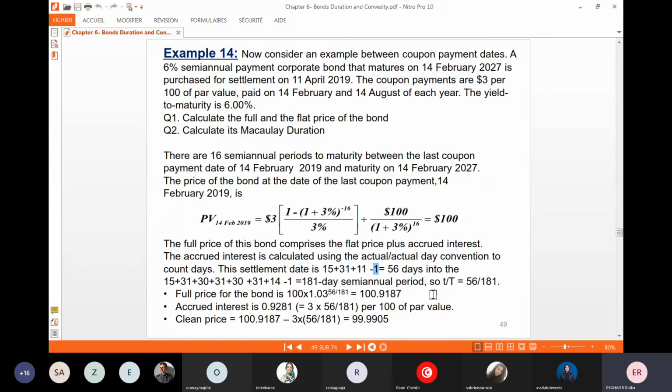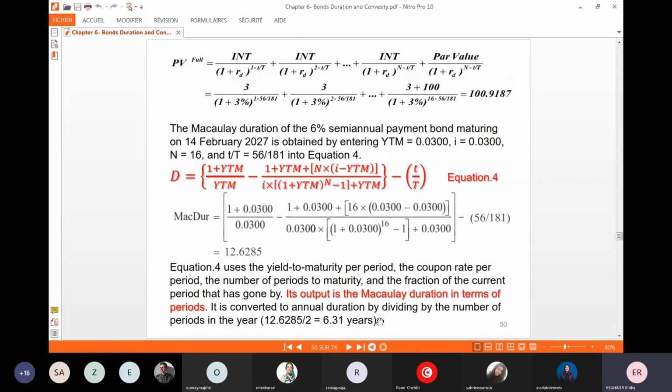the clean price. Or you can directly use the alternative formula we saw in Chapter 4, where every interest is discounted, with the power of the discounting from which you remove the accrued interest, the fraction of the period that has passed: T over capital T. So the next coupon will not be received after one full semester but one semester minus 56 over 181.